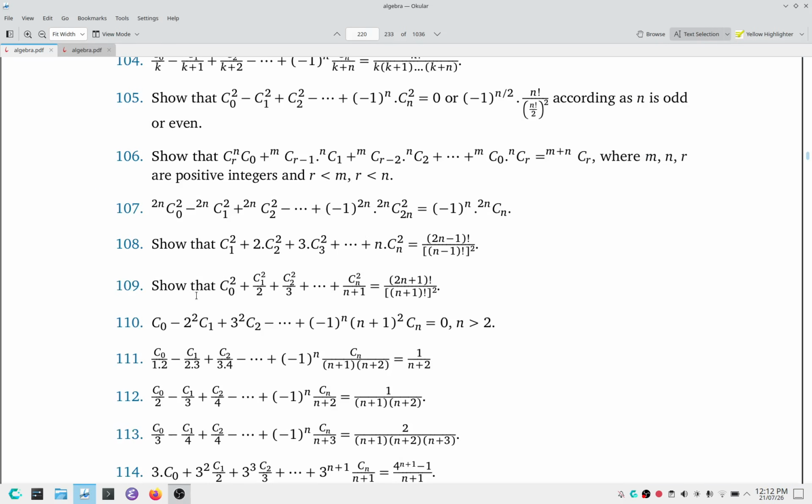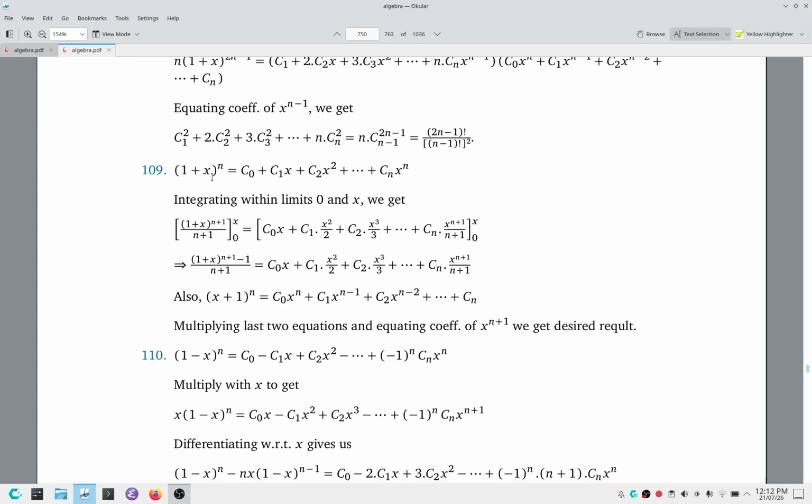Question 109 says that show that c0 square plus c1 square by 2 plus c2 square by 3 plus up to cn square by n plus 1 is equal to (2n plus 1) factorial upon ((n plus 1) factorial) whole square. So similar to the previous question, we write the expansion of (1 plus x) to the power n and integrate with limits 0 to 1 to arrive at ((1 plus x) to the power n plus 1 minus 1) upon n plus 1 is equal to c0 x plus c1 x square by 2 plus c2 x cube by 3 and so on up to cn x to the power n plus 1 upon n plus 1.